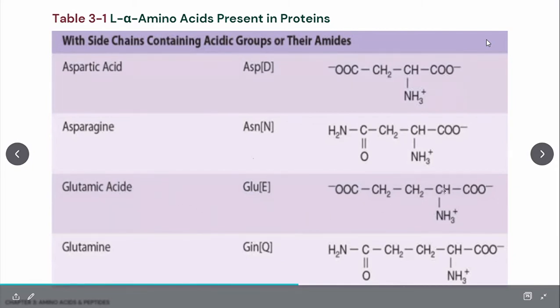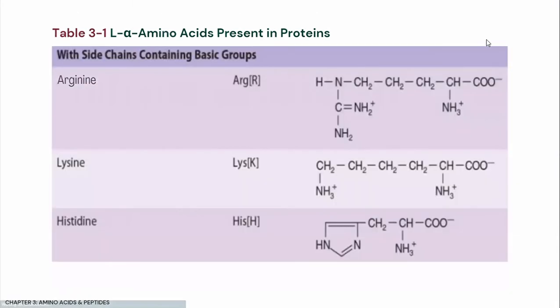So this is the alpha carbon, beta carbon, gamma carbon. To the gamma carbon of glutamic acid, you have a carboxyl group. And that carboxyl group reacts with an ammonium group, and that makes it an amide.